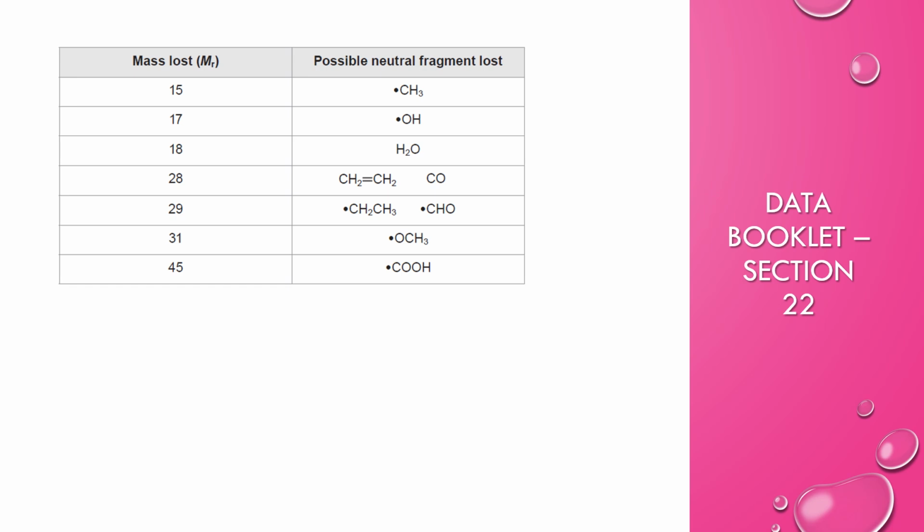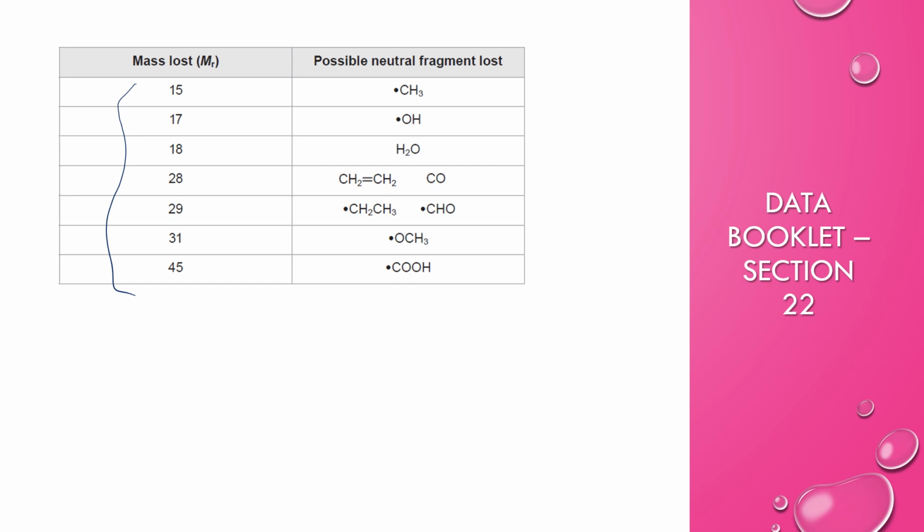So when you put a whole molecule into the mass spectrometer and it splits up into fragments, there's specific locations where the bonds are more likely to break, and so you wind up with very common fragments. And those really common ones are listed in the data booklet in section 22, and they give you the masses of those. And really this is just to save some time. You don't really need this section.